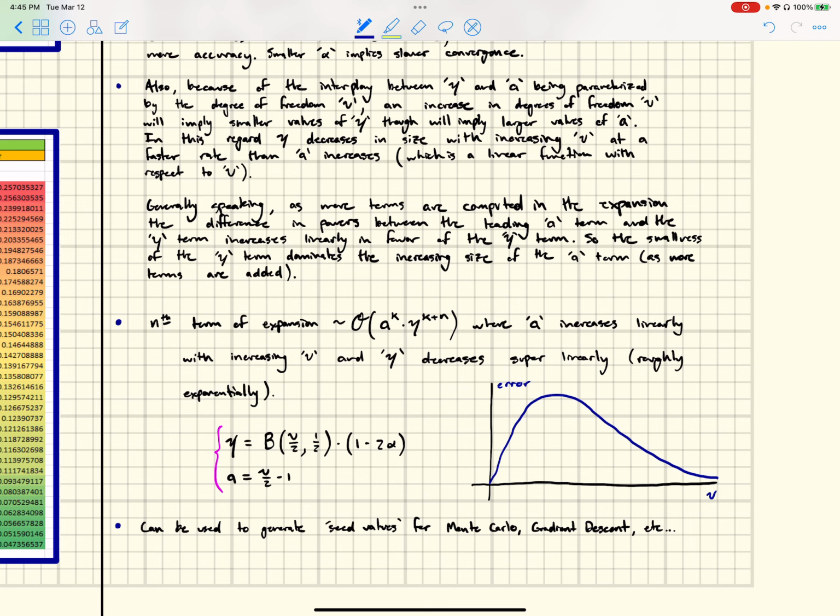Although that's not exactly what I decided to do this for, it does behoove me to say this represents a great way to generate really close seed values, which is going to help speed up the convergence of any kind of Monte Carlo approximation or gradient descent approximation that you would want to do to get more and more precision, if you don't want to calculate more terms of this expansion.